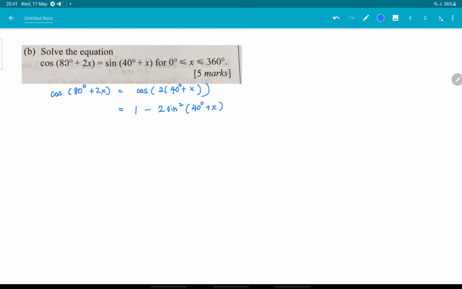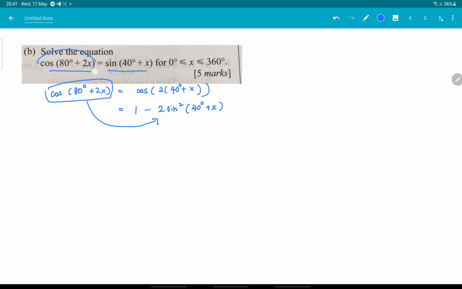We don't need to expand the term from this, we just use the trigonometric double angle formula, since we know that this one is identical with this.